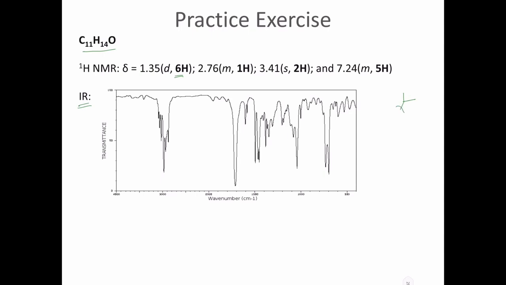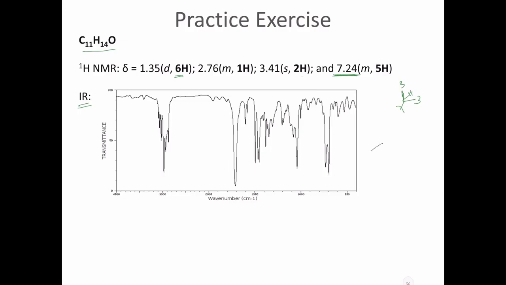Then we have a multiplet, so we can simply say there's a proton there. So this is 3 protons connected to that. And we have a singlet at 3.41, and then we have 7.24. That means we do have an aromatic compound.